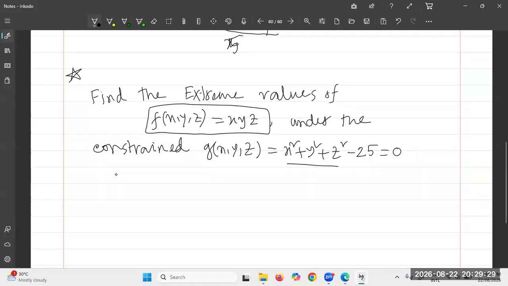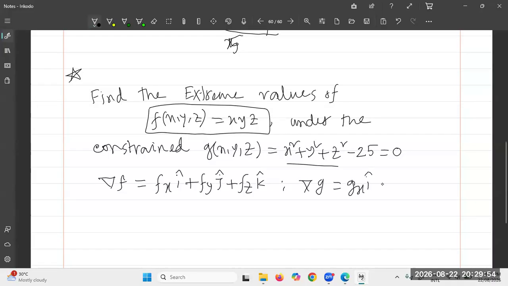Okay, so for calculating the relative extrema values of the function, first of all we need to calculate the gradient of the f function, which is fx i plus fy j plus fz k, and the gradient of g, gx i, gy j, and gz k.